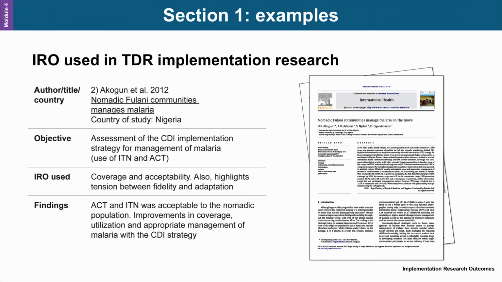The objective of the study was to assess even the CDI strategy on how this improves the coverage and the acceptability even of the malaria control intervention. So specifically, they were looking at providing training to Fulani herdsmen on how to manage malaria for under 5 children using artesunate combination therapy, and also teaching them on how to properly use bed net.